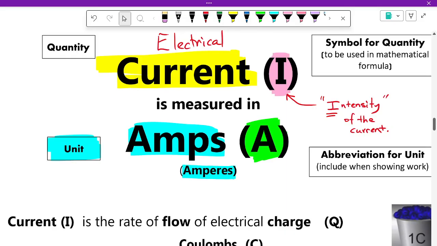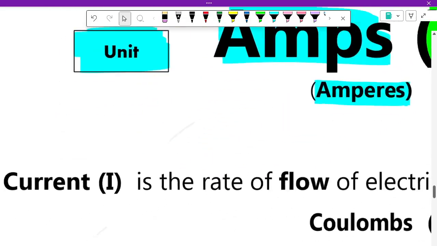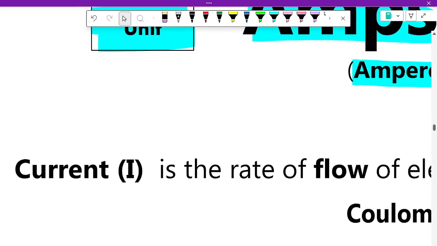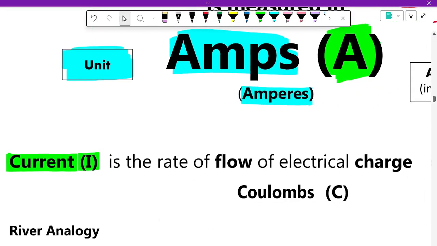So current, which is represented by the letter I, is the rate of flow of electrical charge. And what's the symbol for electrical charge?